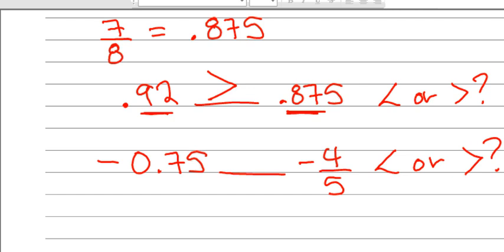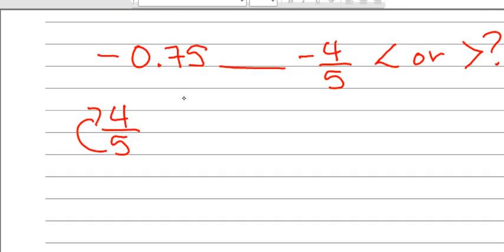Remember that? So, did I do a negative 4/5 already or 4/5? I can't remember. So I'm going to change 4/5 over. I'm going to divide the bottom into the top, just like we've been doing. And I know it's going to be negative. I'm going to put that negative in later.